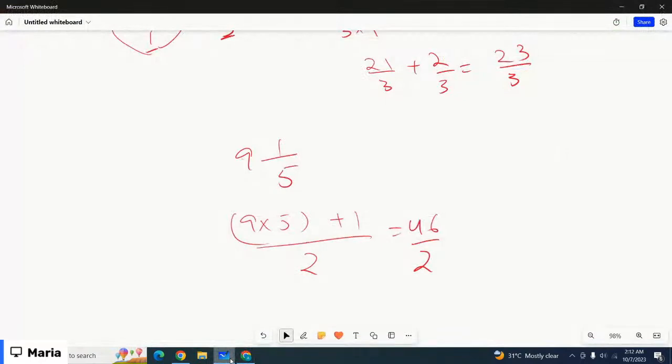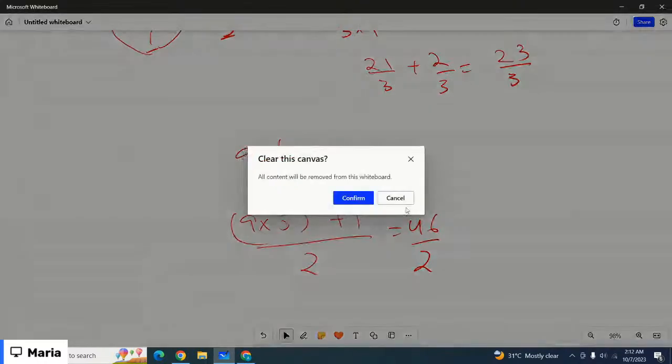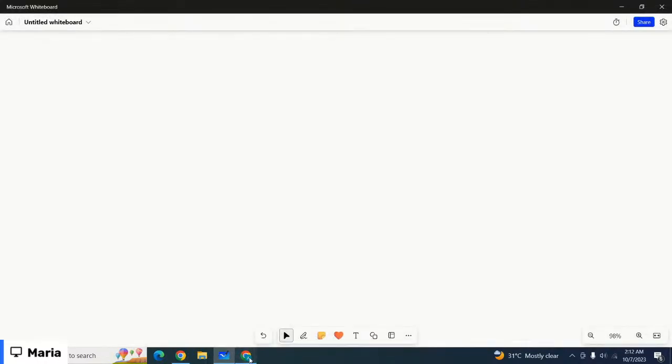How do we compare improper fractions and mixed numbers? Okay, let me write down the lesson name. Hold on. Compare mixed numbers and improper fractions.